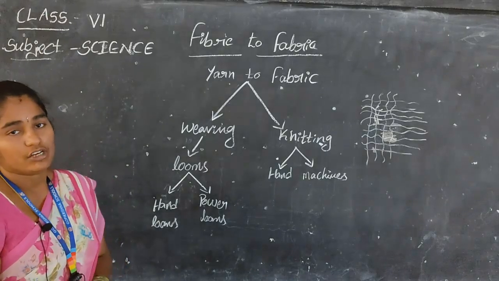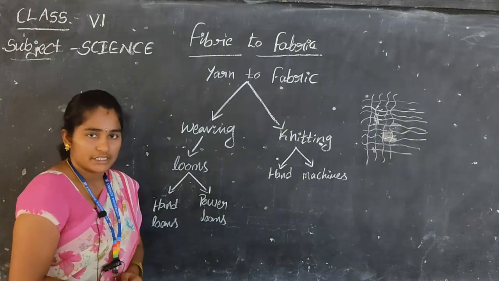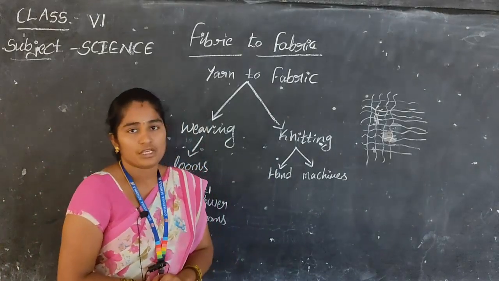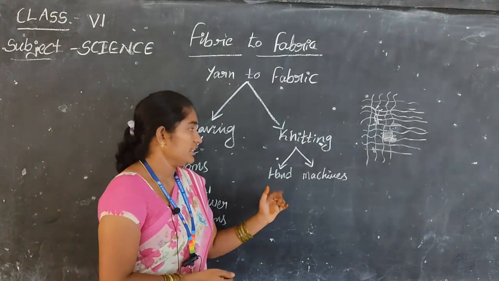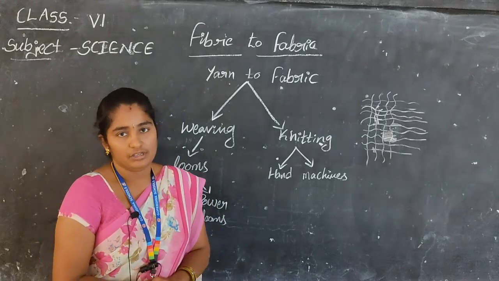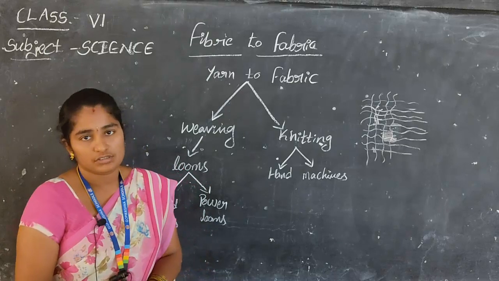In weaving we take two threads, but in knitting we take a single thread. We knit any material, any fabric. For example, socks.